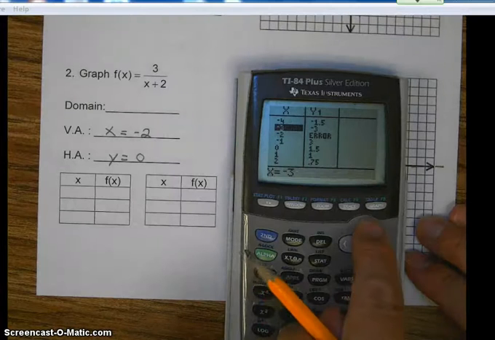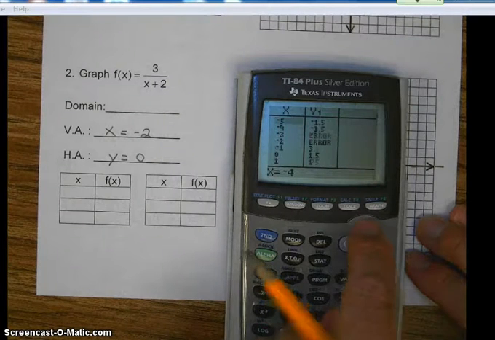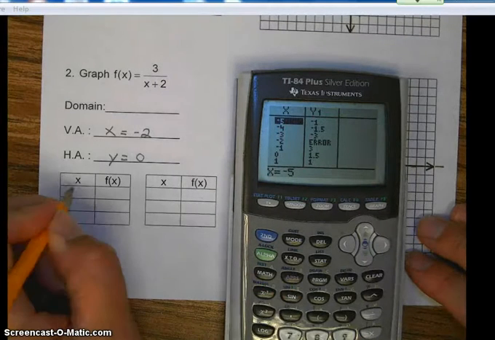Alright, let's get some points here. Up here on the left side, we have -5, -1.